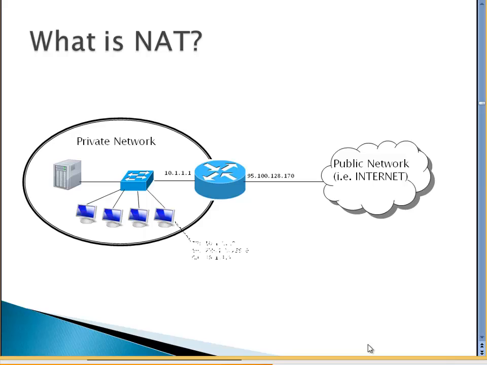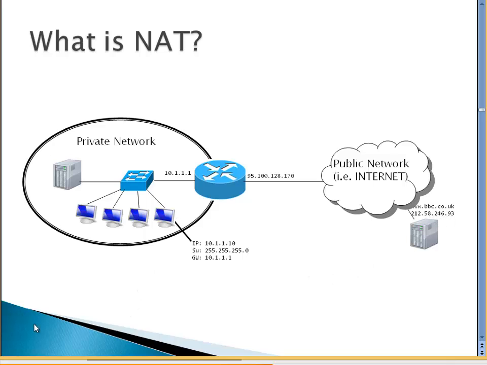So NAT, for example, here we have a device with IP address 10.1.1.10 with a subnet mask 255.255.255.0, and the gateway is 10.1.1.1, that interface. It's trying to communicate with a device on the internet, for example the BBC server, with this address 212.58.246.93.